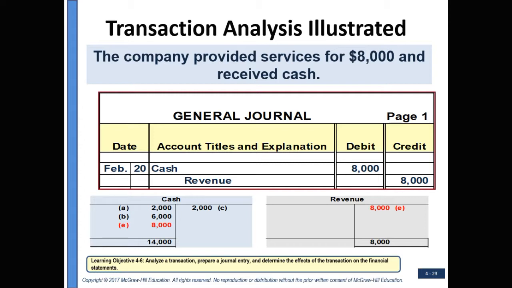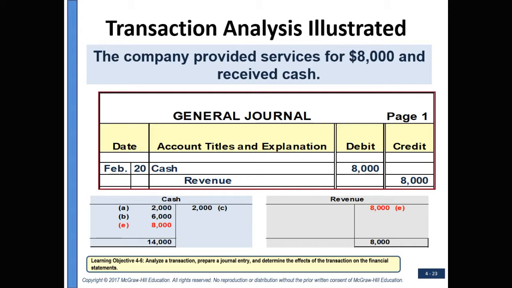An increase to an asset is done via a debit. We will enter cash with $8,000 in the debit column. Revenue also increased, but revenue increases with a credit. So we indent, we enter revenue, and we increase it through the credit column by $8,000.